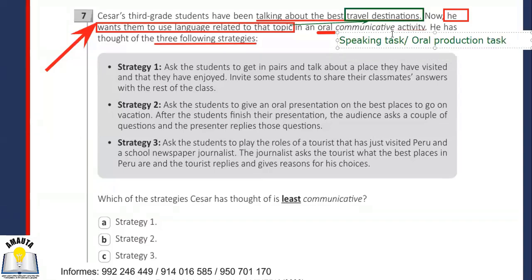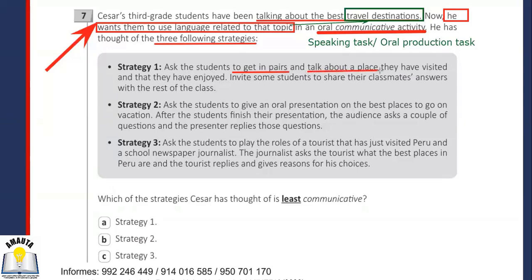Well, first strategy: ask the students to get in pairs, pair work, and talk about a place. Cesar asked his students to get in pairs and talk about a place they had visited, a place that means a travel destination.